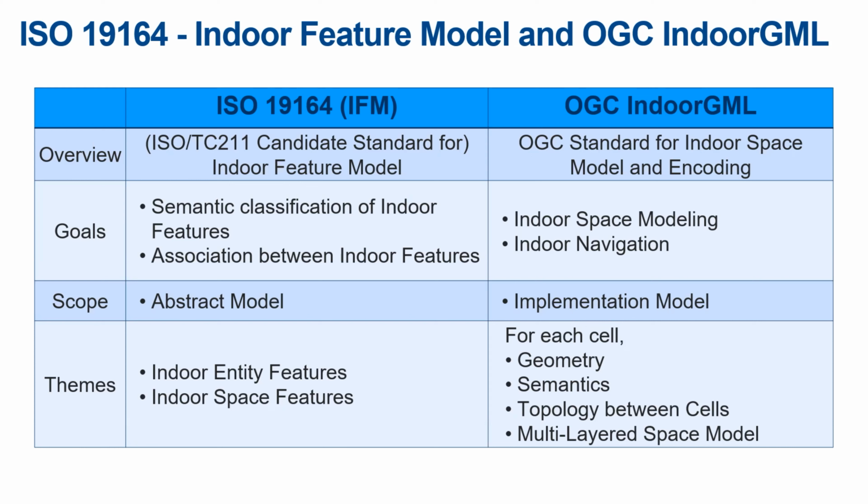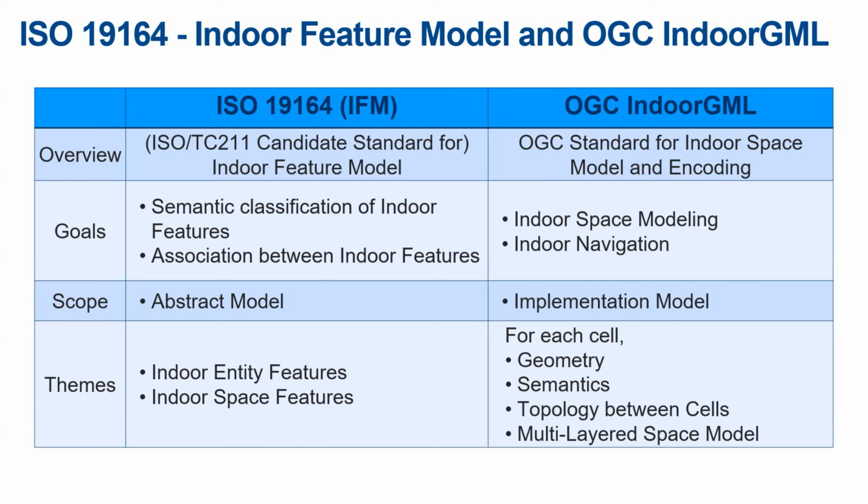The goal of ISO 19164 is to provide a semantic classification of indoor features and the association between indoor features, while OGC IndoorGML tries to provide indoor spatial modeling, particularly for indoor navigation. The scope of ISO 19164 is abstract, but with OGC IndoorGML, we provide an implementation encoding schema as well.